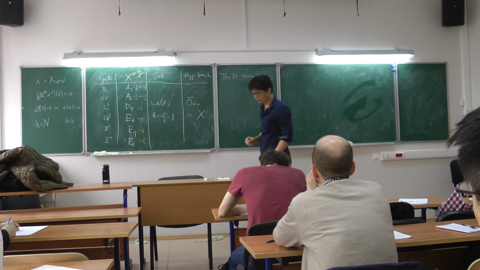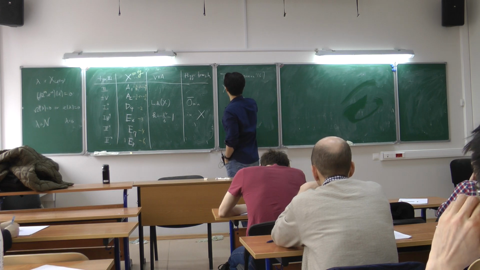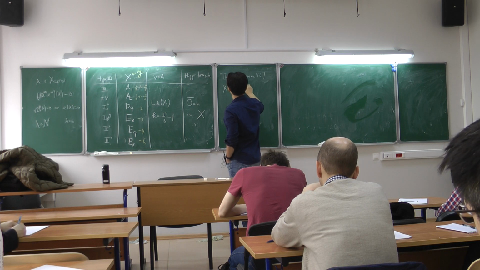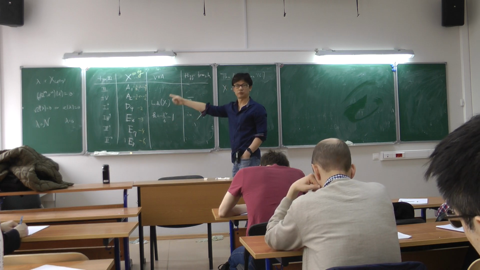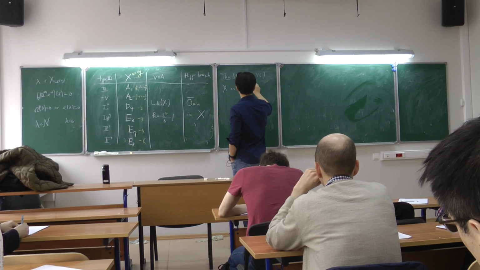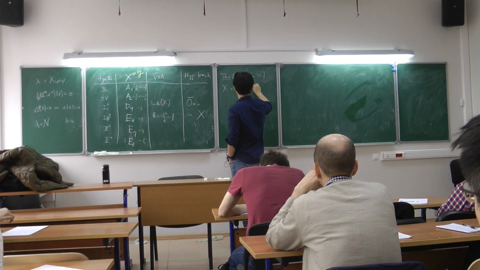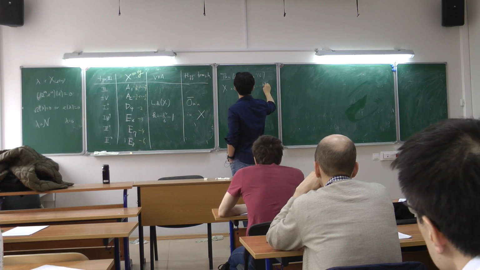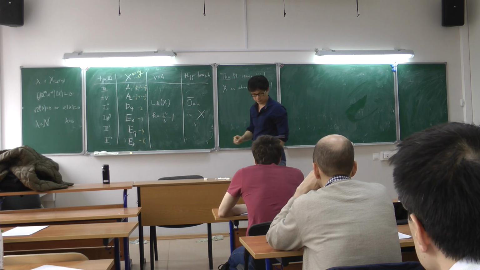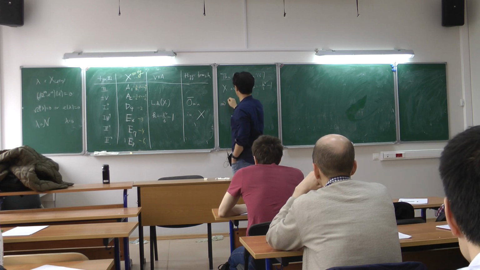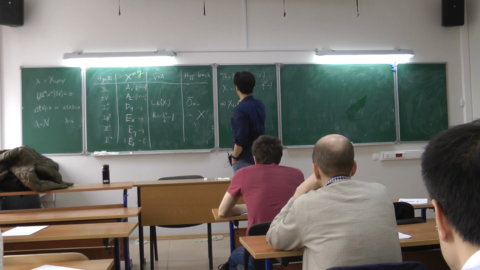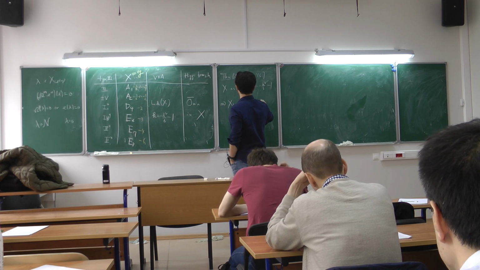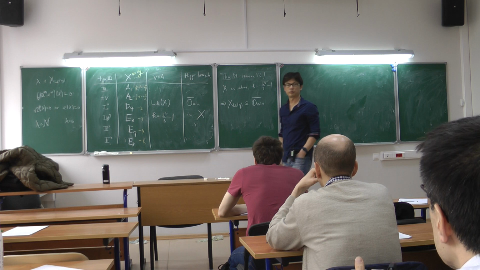So let X be as above, one of these, and K is as this. Then the associated variety defined in the same way is exactly the minimal nilpotent orbit closure.